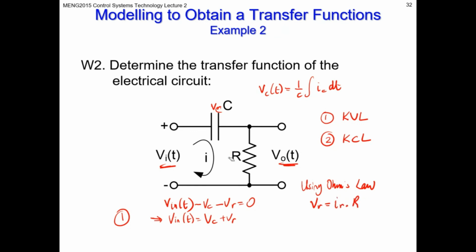IR times R, right? And then Kirchhoff's current law tells us the current in every element is the same, so IC is going to be the same as IR.